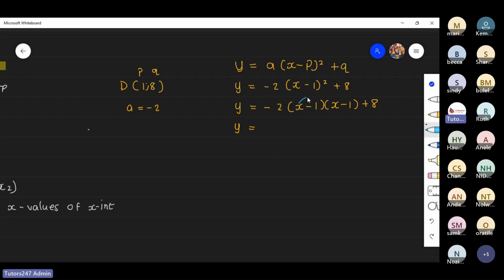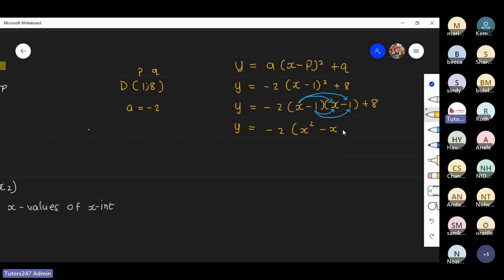So we're going to have x times x, x times -1, and that is going to give us x squared. x times -1 will be -x. Next, we have -1 times x and -1 times -1.